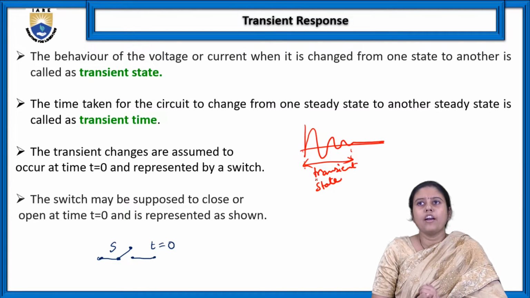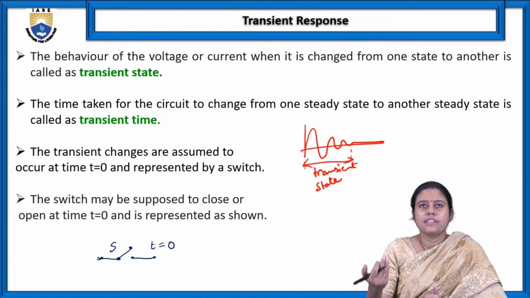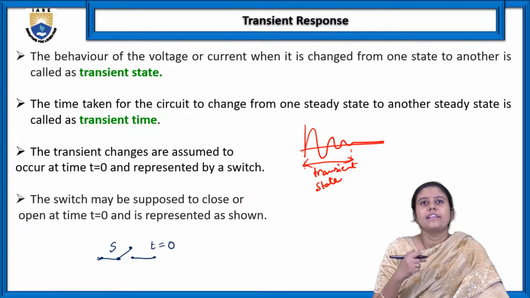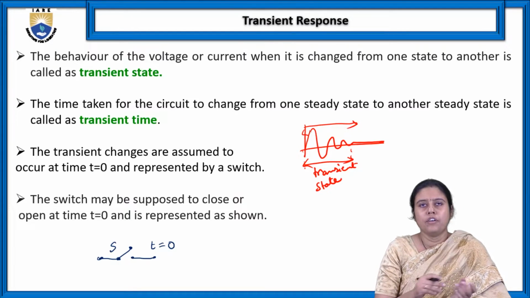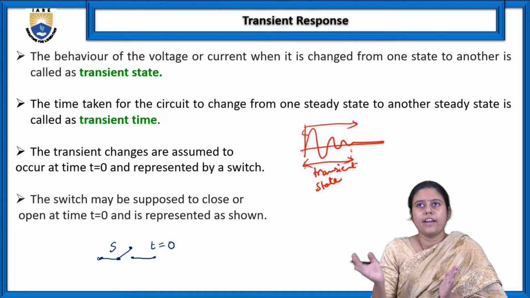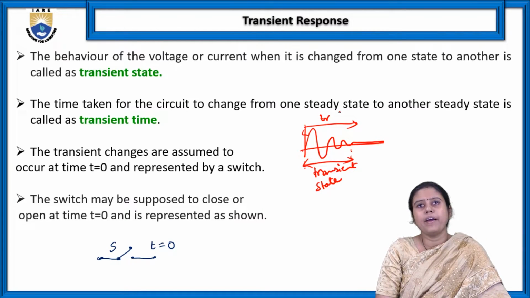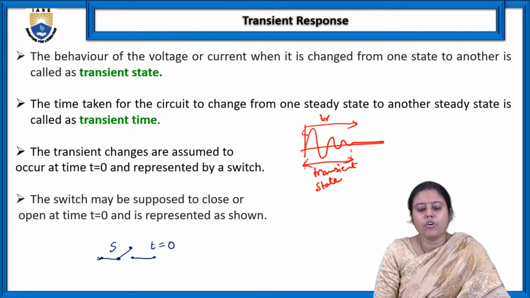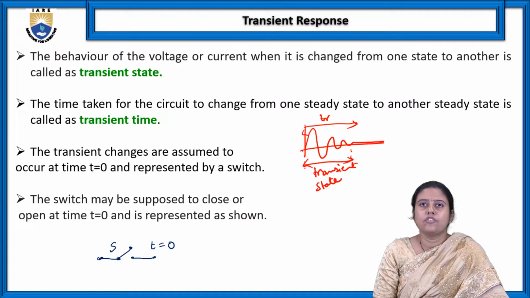So the behavior of the voltage and current when it is changed from one state to another state, one side to another side, is called the transient state. The time taken to come from one state to another state is called the transient time, and it is written as TR.